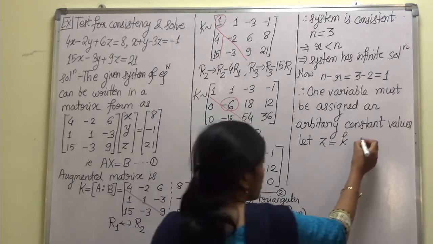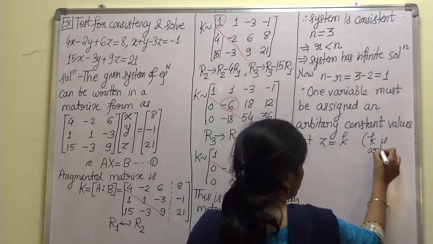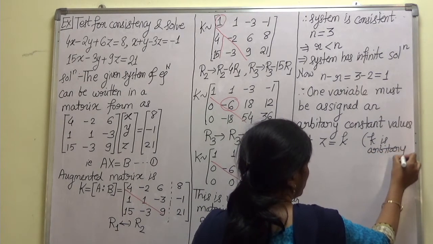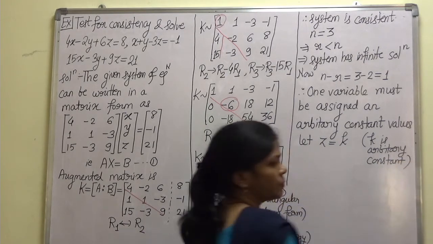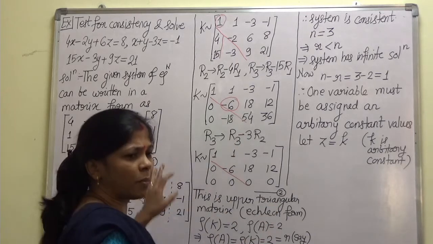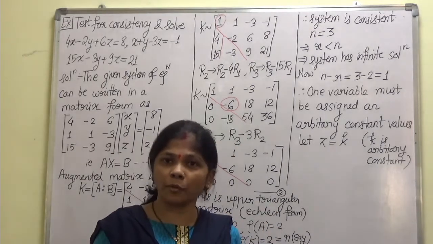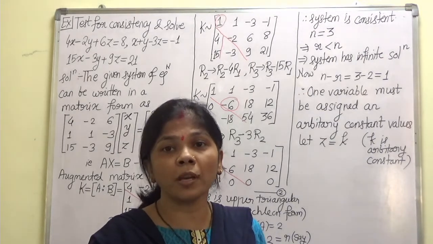The k is what? An arbitrary constant. So out of the three variables, we have got the value of one variable. Our aim is to find out the value of the remaining two variables.